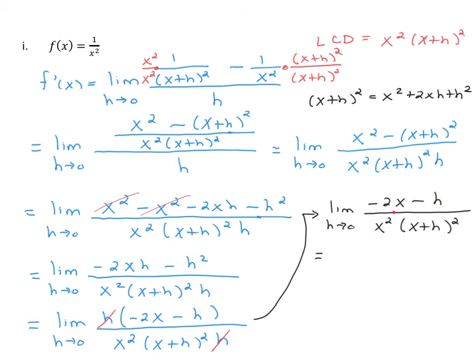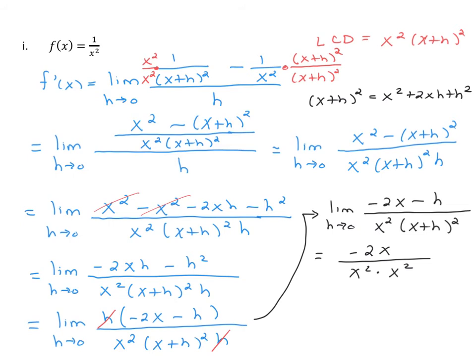In fact, your top will just be negative 2x. The bottom is going to be x squared times x squared, like this. Negative 2x, and then we have x squared times x squared. This x squared came from, I put a 0 here, so you have x plus 0, but you can just write that as x, which you're squaring.